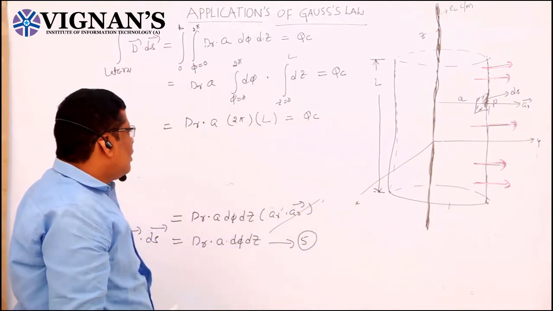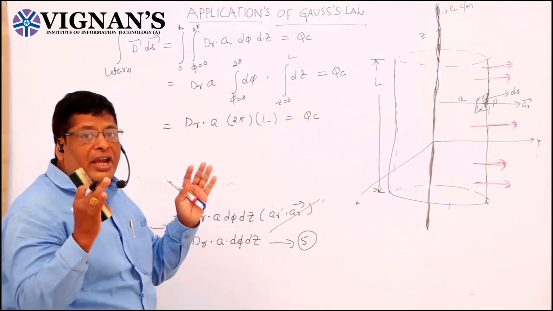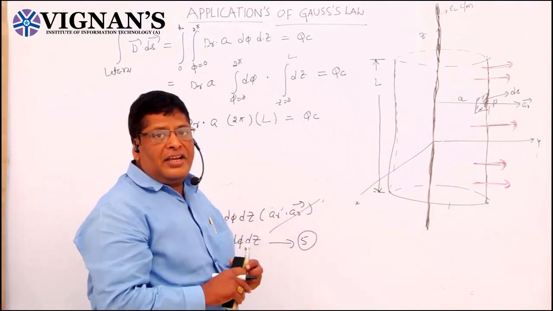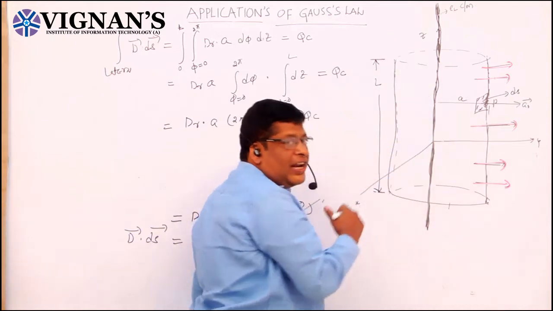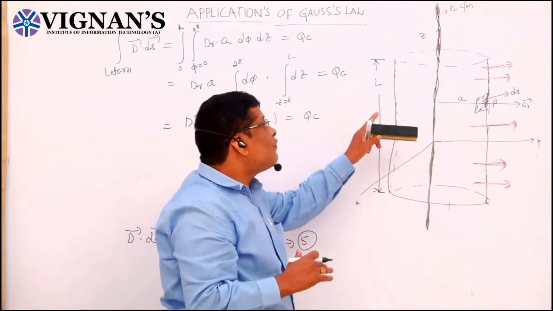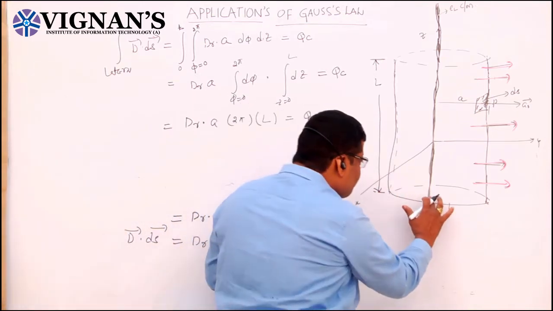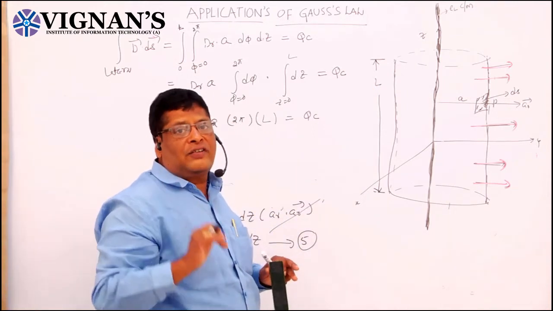Now we are going to find out the value of Qc. How much charge is enclosed by the Gaussian surface? We place an infinite-length conductor on the z-axis, but the Gaussian surface is not enclosing the total charge. How much charge is there from this point to this point? That amount of charge only is enclosed by the Gaussian surface.